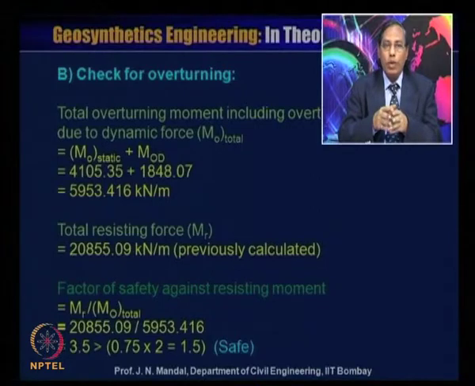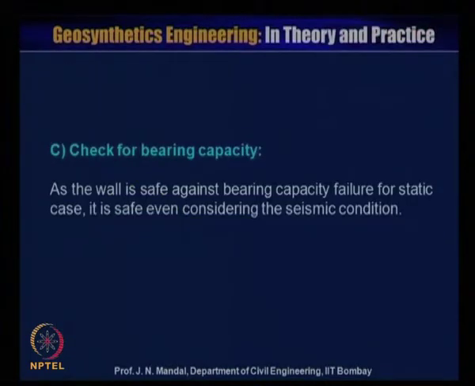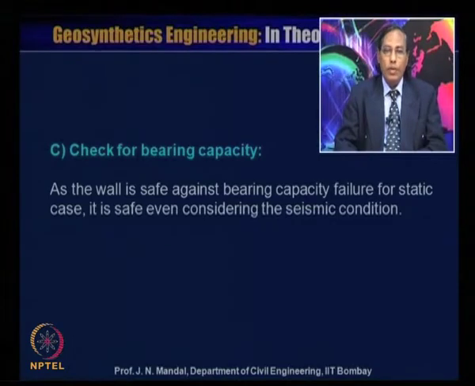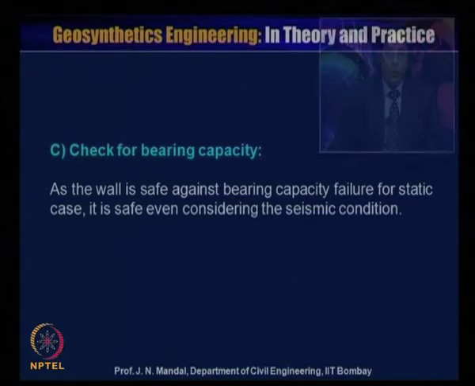So, we check against the overturning and it satisfies this criteria due to seismic loading. Similarly, you can also check for the bearing capacity as the wall is safe against the bearing capacity failure for the static case, it is safe even considering the seismic condition.